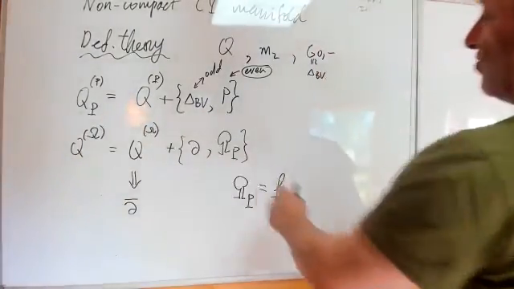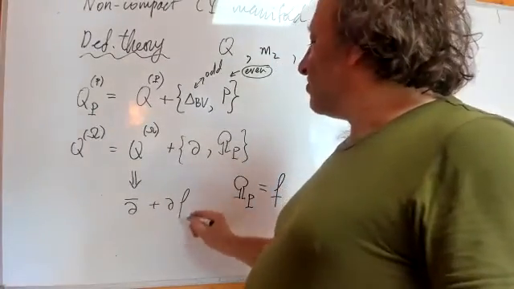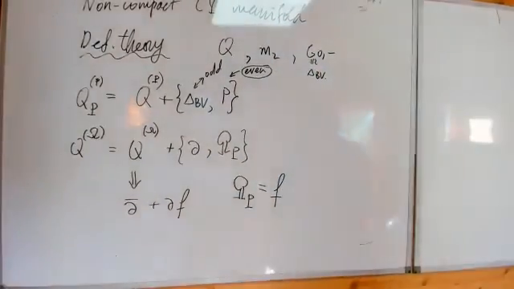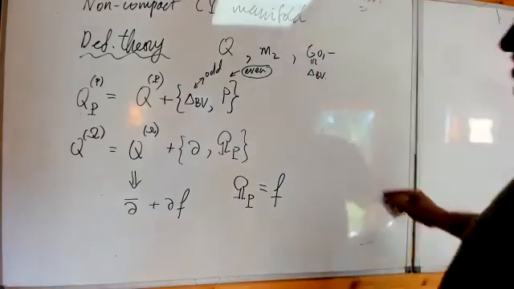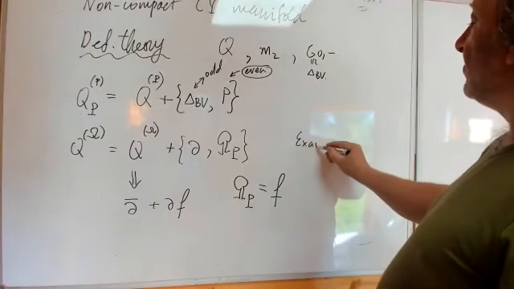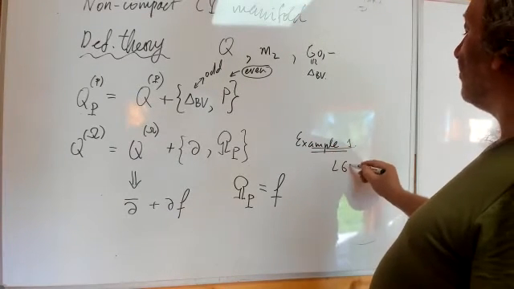Then it's clear from this representation that we are doing such deformation. So it's example number 1. It's called Landau-Ginzburg deformation.